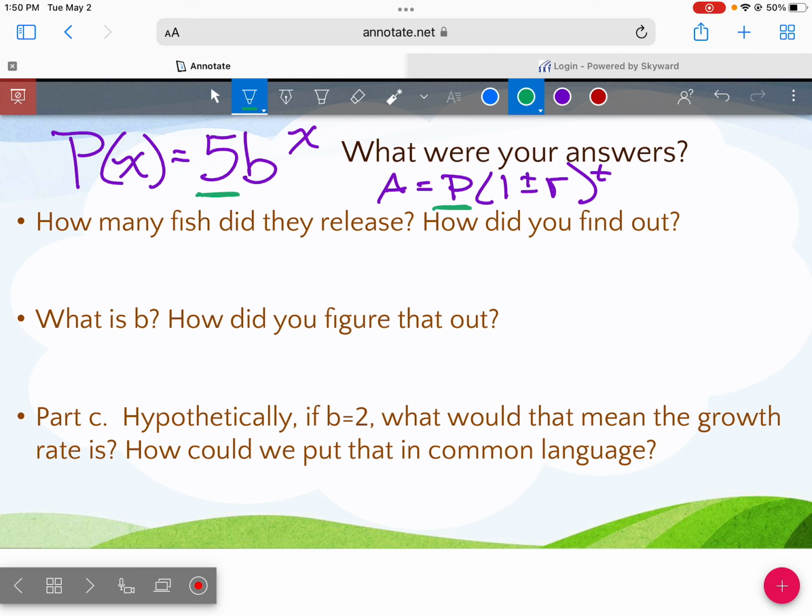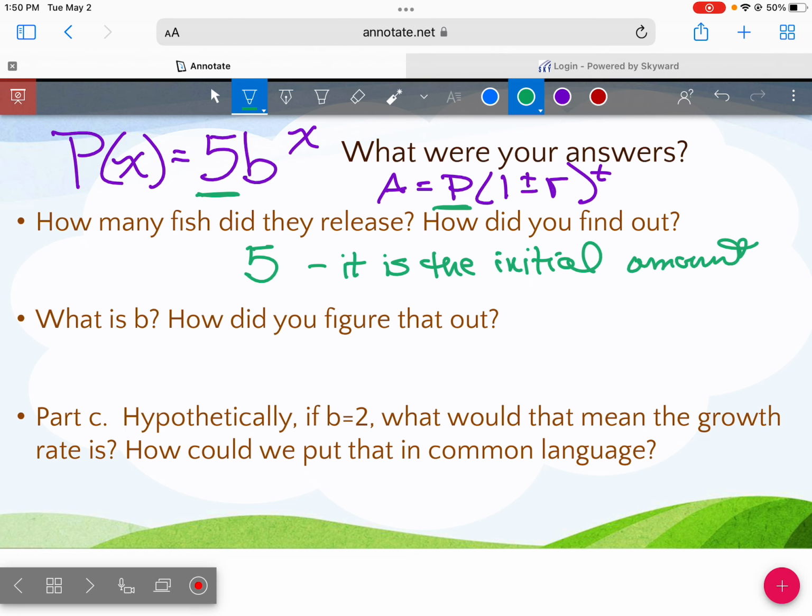So how many fish did they release? They released 5. How do we find out? It is the initial amount. Okay, so everybody see how we got 5 there?